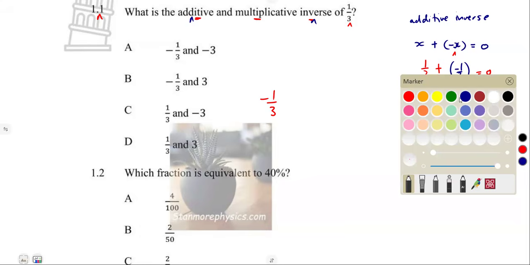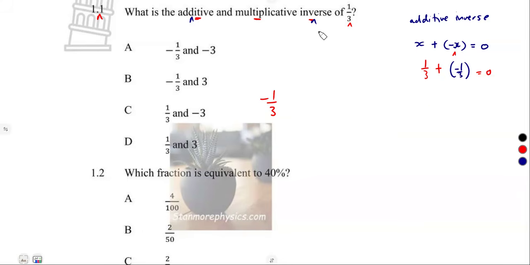If we consider the multiplicative inverse, we do understand that when a number is multiplied by its reciprocal, the reciprocal of the number that we are given in the first place, we are going to obtain a 1.